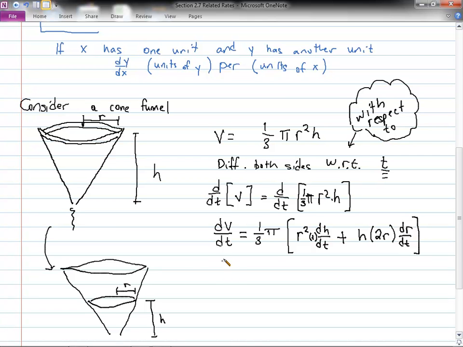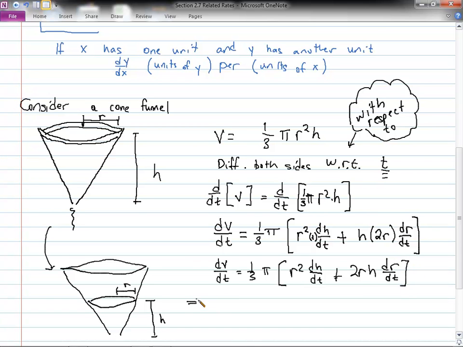Okay? So with a little bit of simplifying, we get dV/dt is equal to 1/3 pi times r squared dh/dt plus 2rh dr/dt.